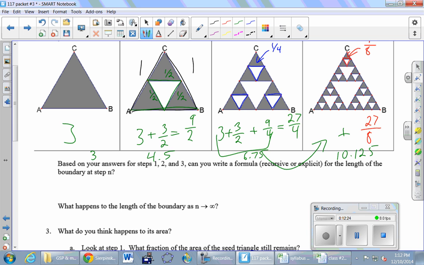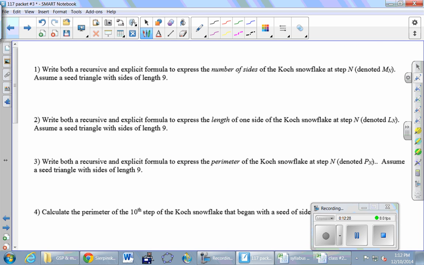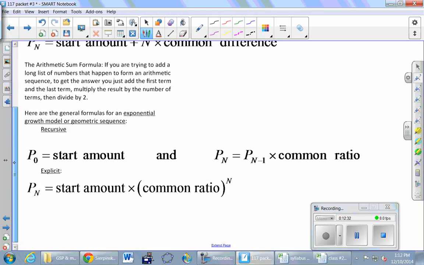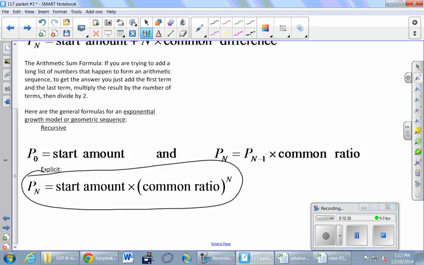So if we keep multiplying by 1.5, let me flash up our old formula for you, this guy. Right down here was our formula where you keep multiplying by the same number. Can you guys write that but use the numbers relevant to this problem?